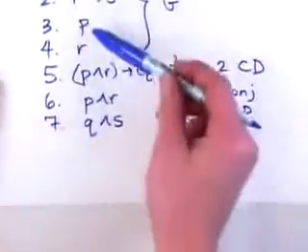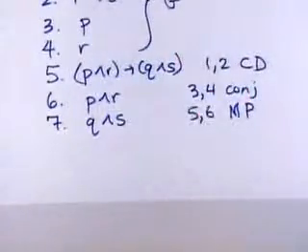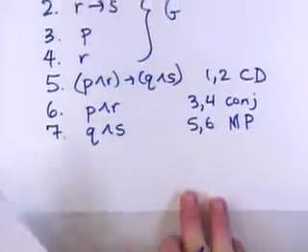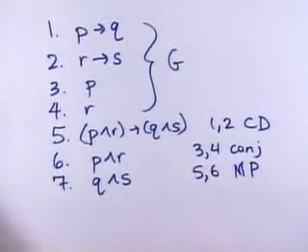But in some other proofs, you might not have something as nice as this. This was a simple example I made up, but constructive dilemma lets you combine things a lot faster. So there's the whole proof there.